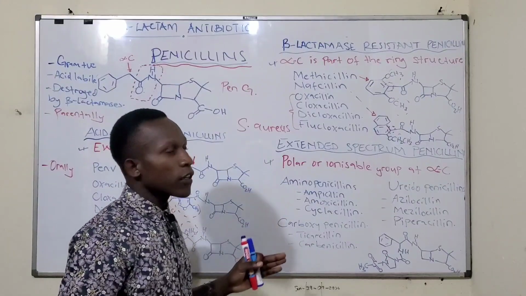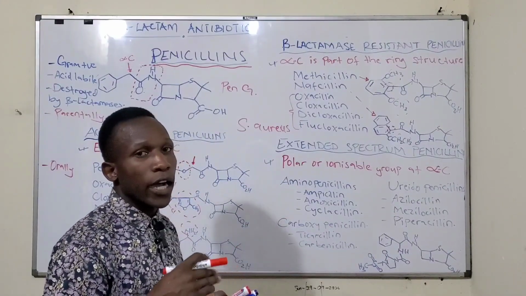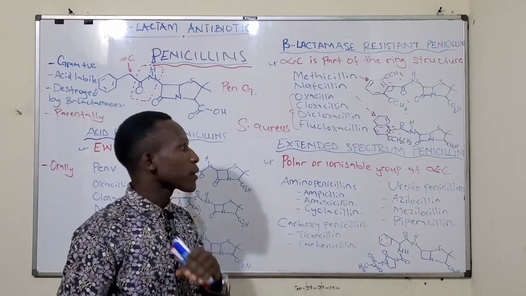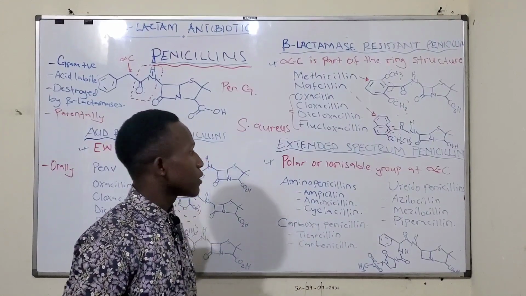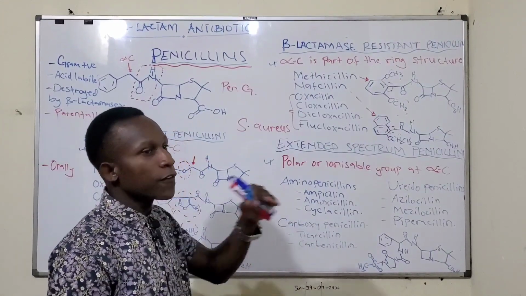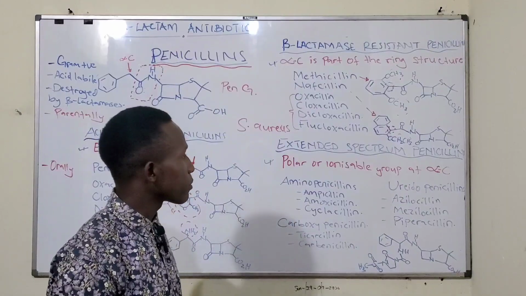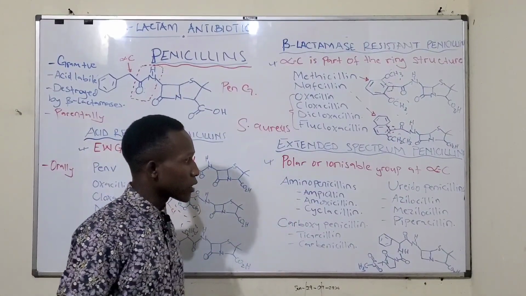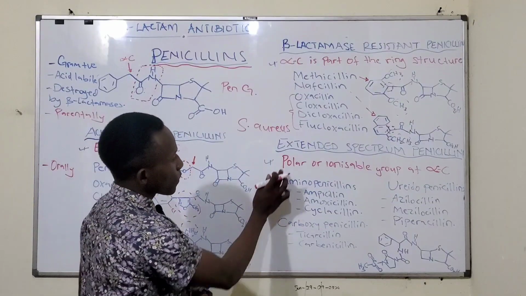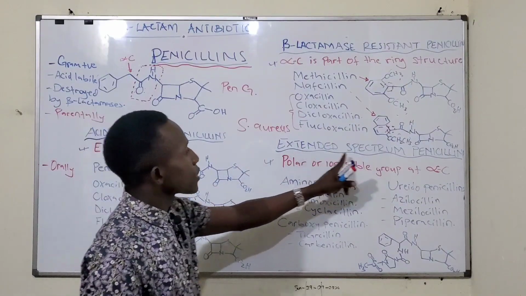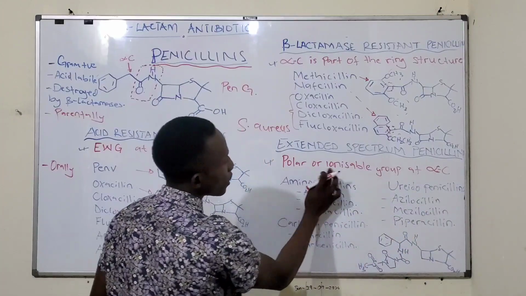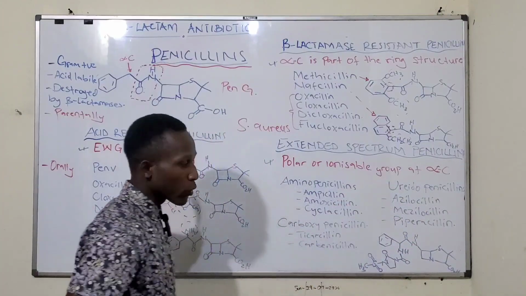So if we say that we are increasing the hydrophilicity, it doesn't mean that penicillin is completely hydrophilic. We are increasing the hydrophilicity so that it can penetrate the gram-negative bacteria, but they also retain the activity against gram-positive. Now, for extended spectrum penicillins, at the alpha carbon, they put a polar or ionizable group.